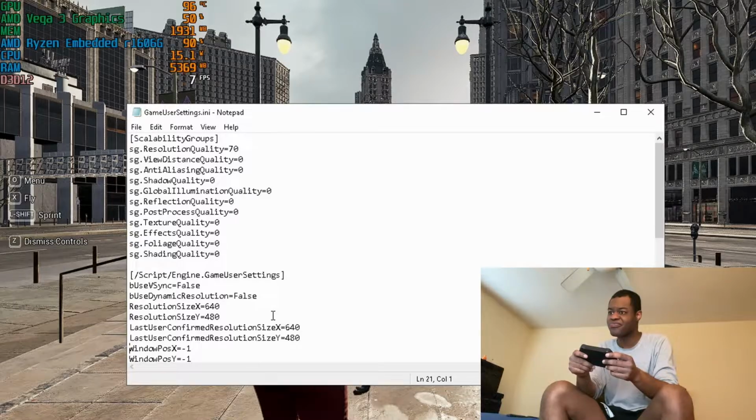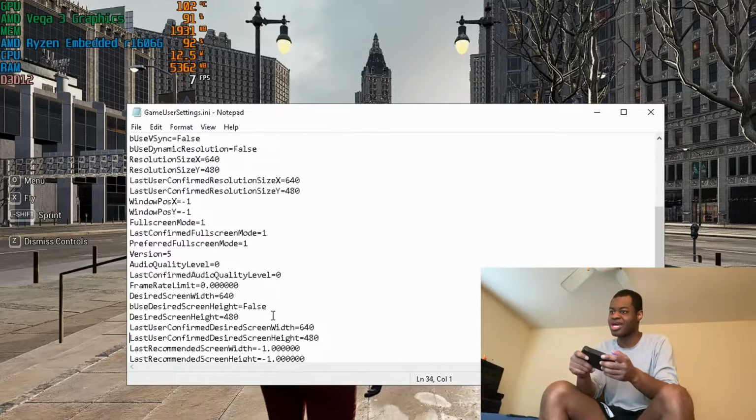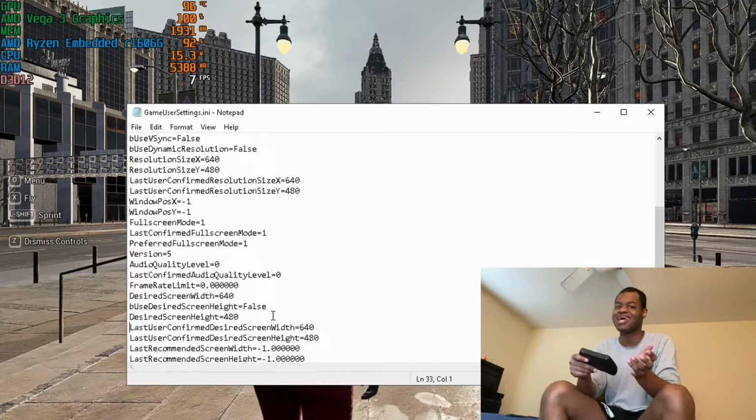As you can see, desired screen height is 480, and desired screen width is 640, so meaning 640 by 480, and pretty much the same thing for the last user confirmed desired screen width and screen height, which is 640 by 480.